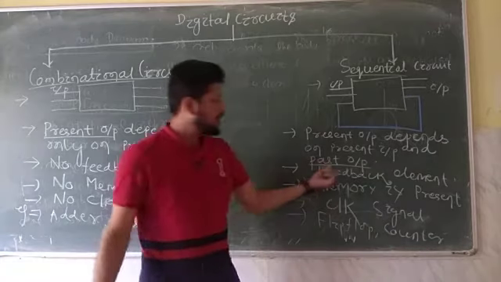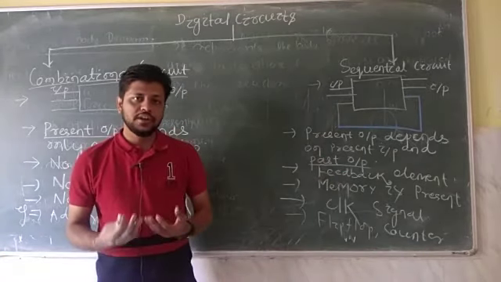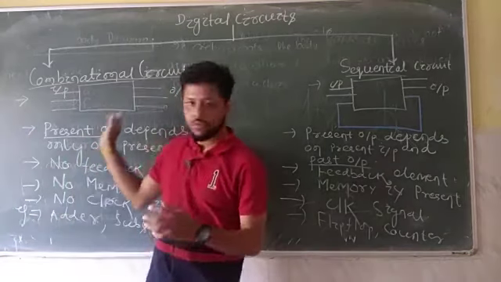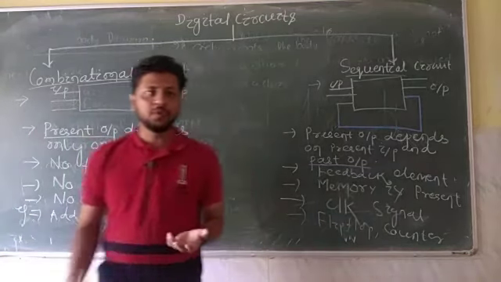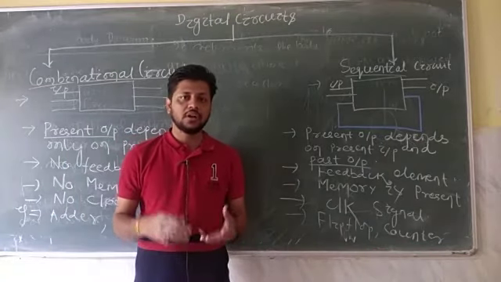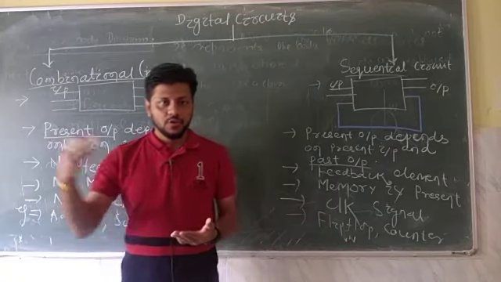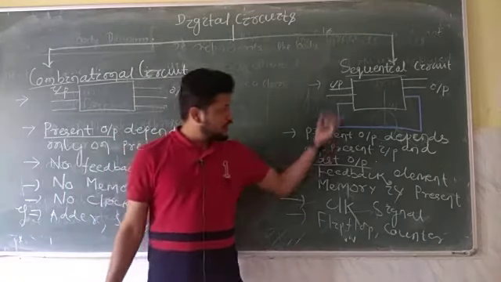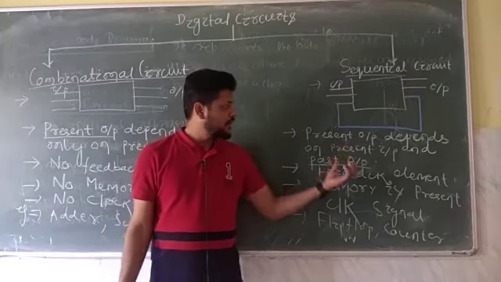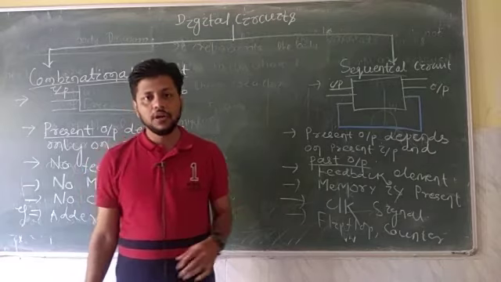Obviously, how are we going to store this past output? We need a memory. But in a combinational circuit you don't need any memory. Memory stores data, like the RAM and ROM in your mobile phone that store your data. So in sequential circuits, the output depends not only on the present input but also on the past output.